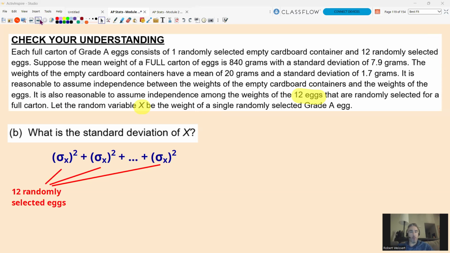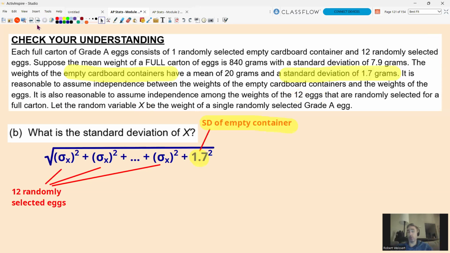So remember, we have the 12 randomly selected eggs, and those are independent of each other. So we square their standard deviations, add them together. We got to also think about there's going to be a square root on top of it because we're going to find the standard deviation of the total full carton of eggs with the empty carton and the eggs. So we have to add that empty carton, also square that standard deviation. Fortunately, we know that. That's 1.7.